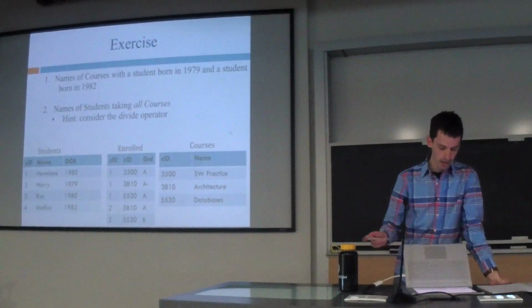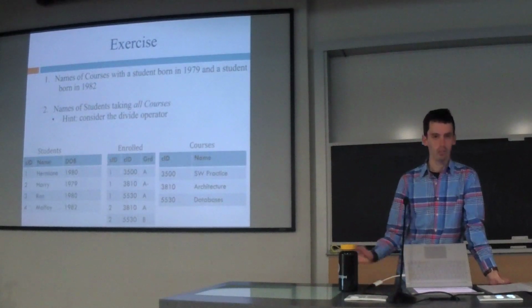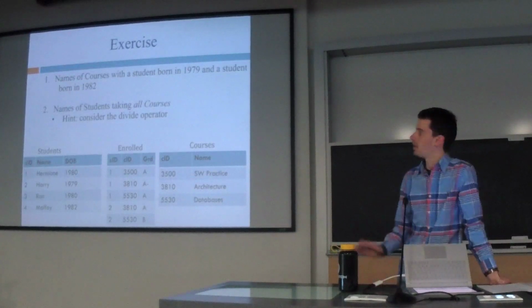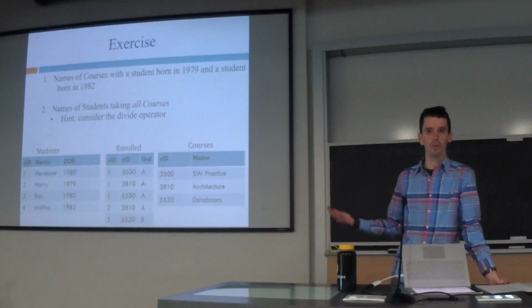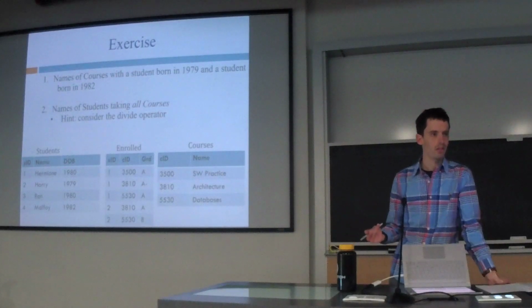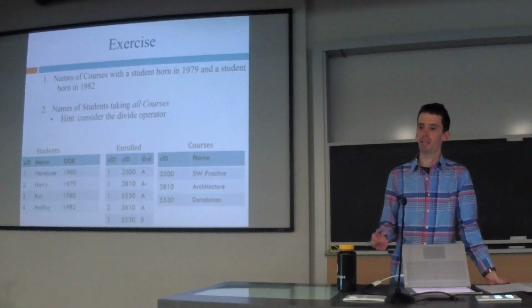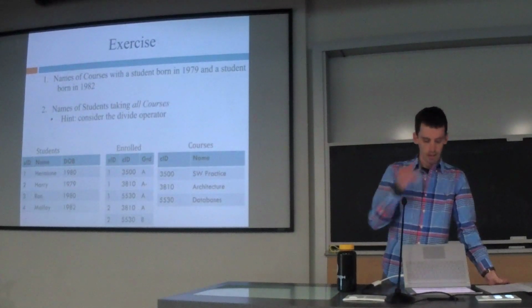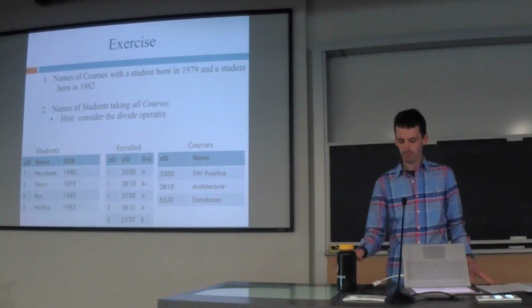Okay, and then I want names of students taking all courses, which in this case would be Hermione. But pretend we don't actually have the actual data here. We need a general query that will do this. That one will be trickier, but think about the divide operator to make that work. So take a few minutes with the people around you and work these out.